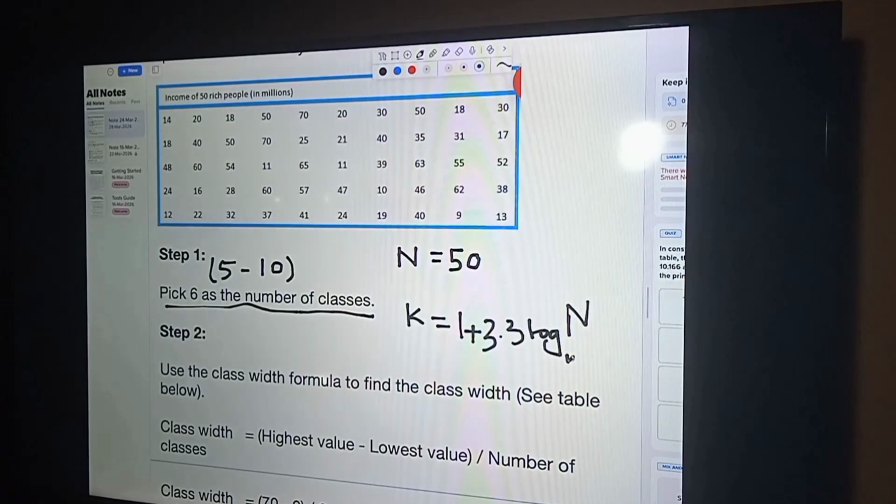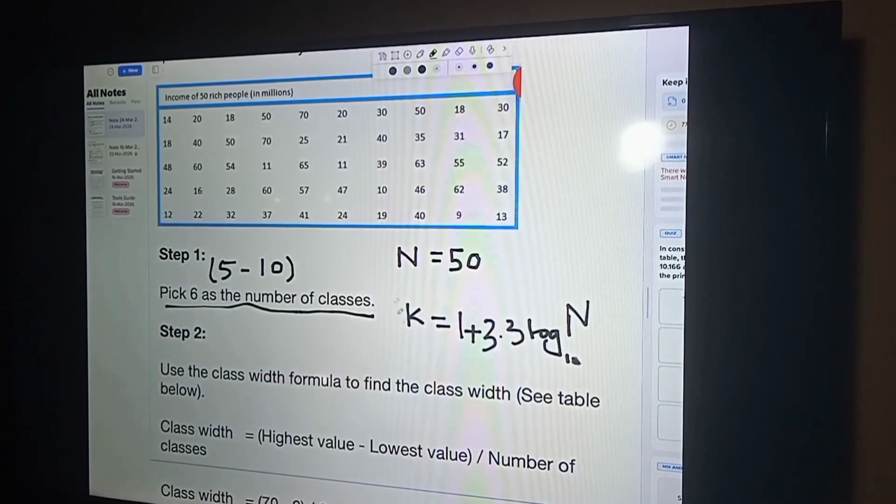But you have to take log of base 10, which means you have to search for it in your calculator so that you can use log 10. So take log 10 of 50 observations, then multiply it by 3.3, and then add it to 1.